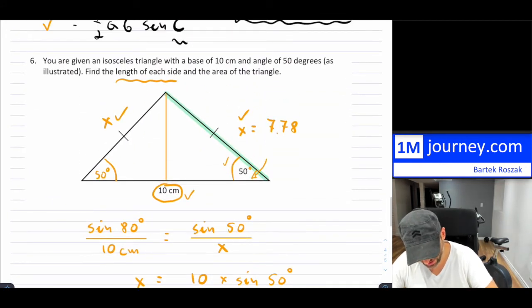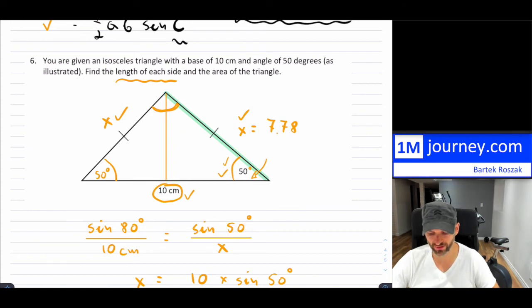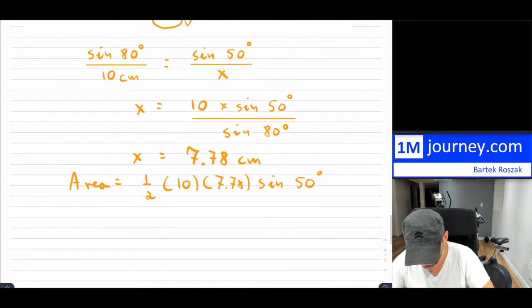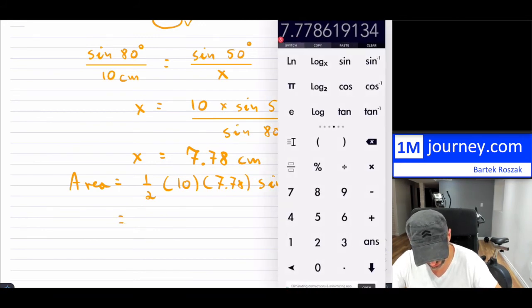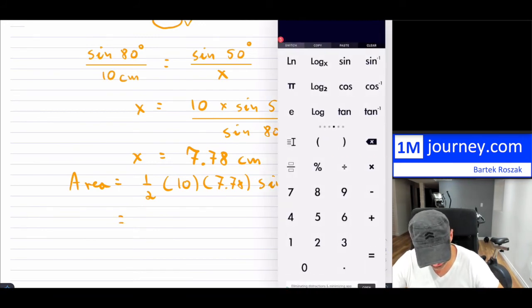So that's going to be this angle. We're not going to choose this other angle, because it would cut that triangle. We want to use the interior angle, which is the 50 degrees. So 1/2, which is 0.5, times 10 times 7.78 multiplied by sine of 50.